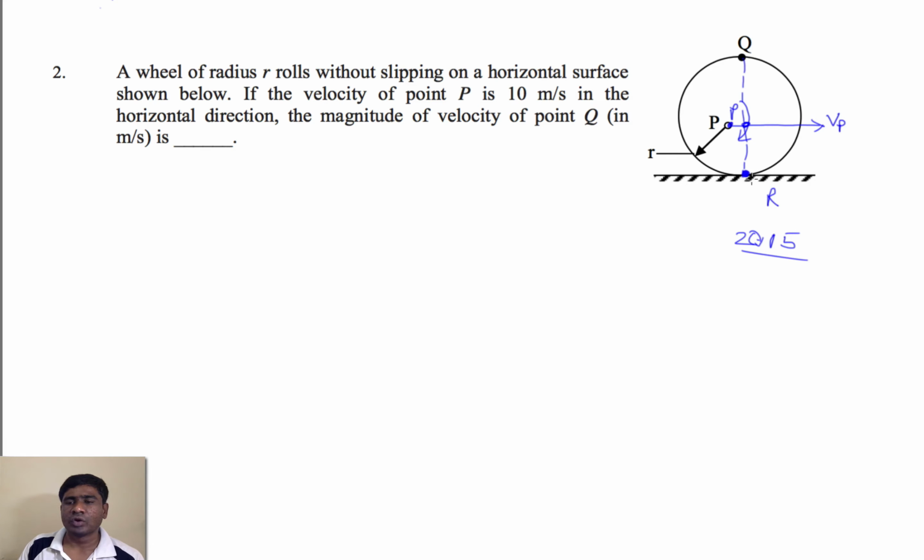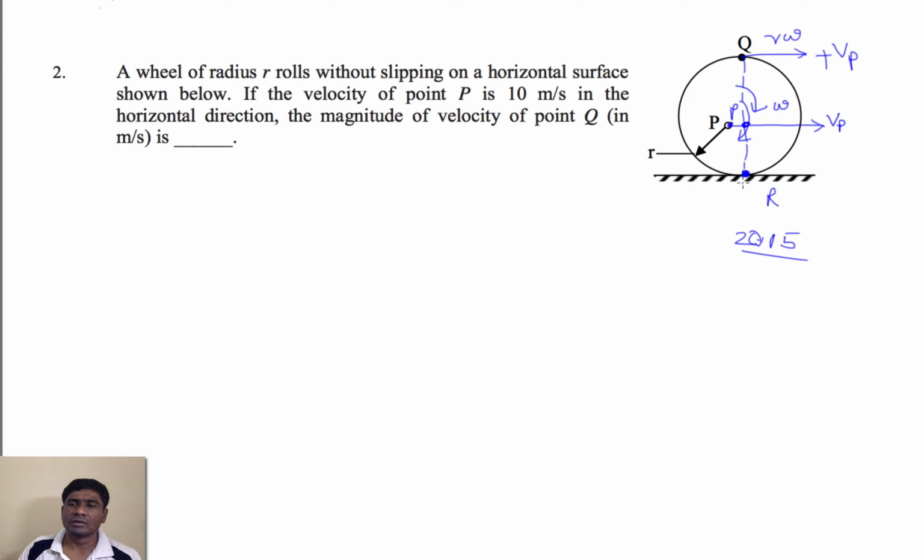the velocity at point r is 0 because at this instant this whole body is rotating about the point r. That means the instantaneous center is here and the velocity of r is 0. When this is rolling like this with omega, what is the velocity of Q? This is r omega, as well as it's also moving in the forward direction, that is Vp.